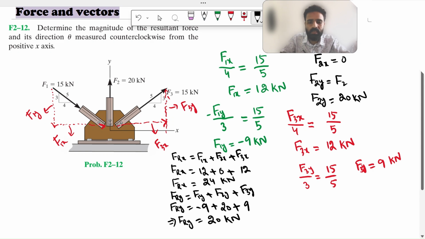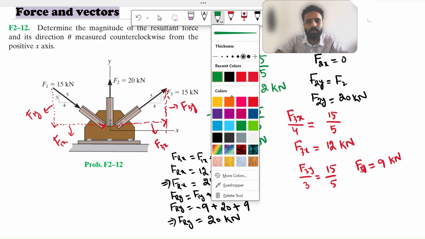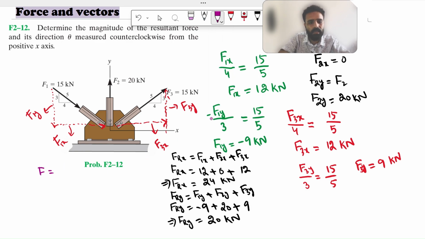So we found the FRY and FRX. Now we'll be applying the magnitude formula to get the value of the resultant force. The resultant force will be equal to the square root of FRX squared plus FRY squared. Putting in the values, the FRX value is 24 squared plus the FRY value is 20 squared.